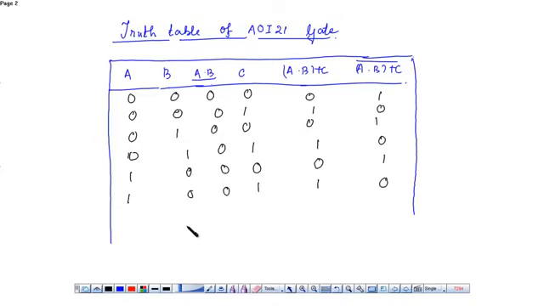For 1, 1, 0, A dot B is 1, A dot B plus C is 1, the output is 0. Then 1, 1 and 1, A dot B is 1, A dot B plus C is 1, the output is again 0.